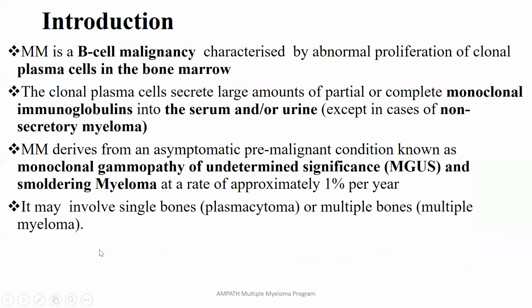Multiple myeloma, and I think Joseph went through this briefly, is a disease that comes from the lymphocytes, specifically the B cells. It's a B cell malignancy, with an excess production or abnormal proliferation of plasma cells. The plasma cell is the most mature form of the lymphocytes.